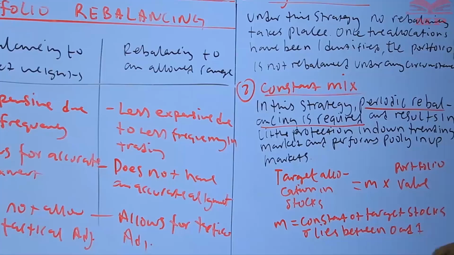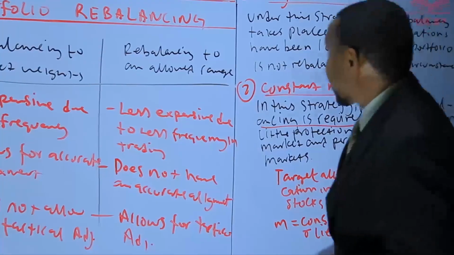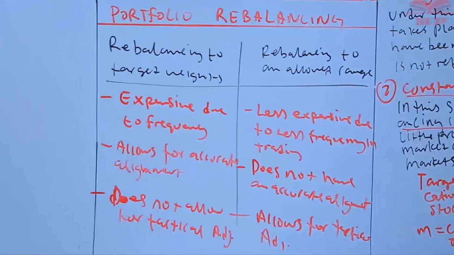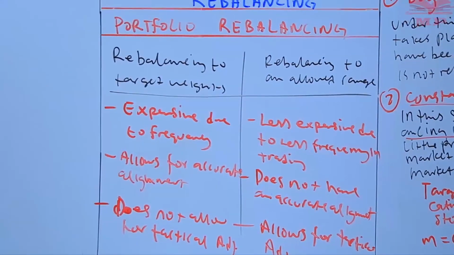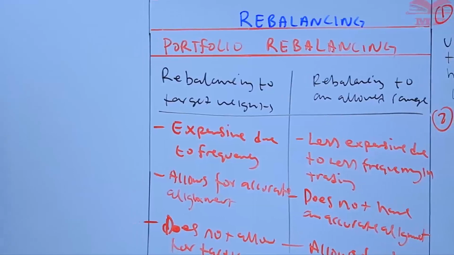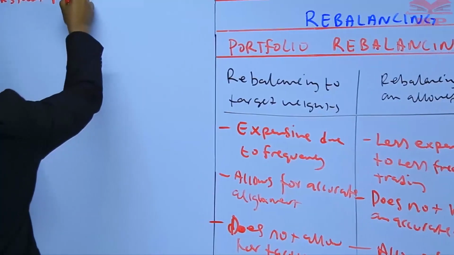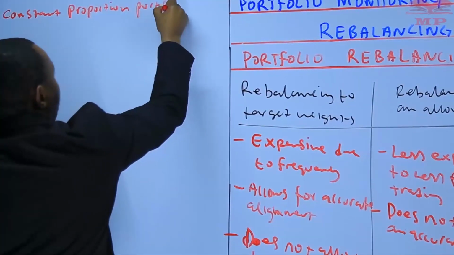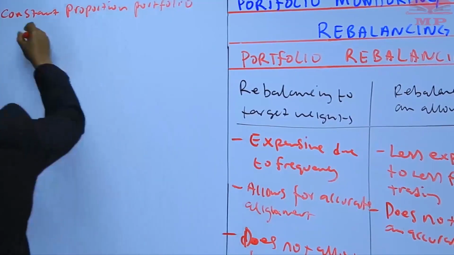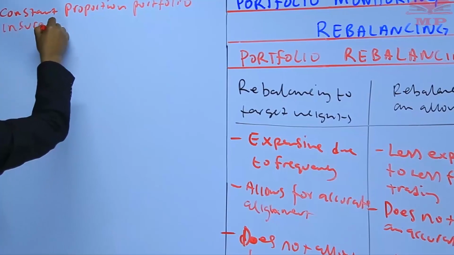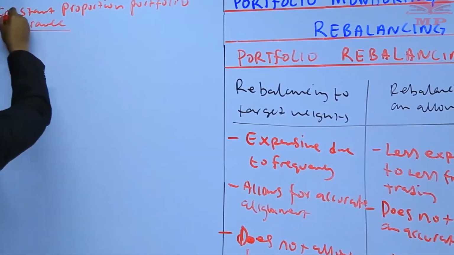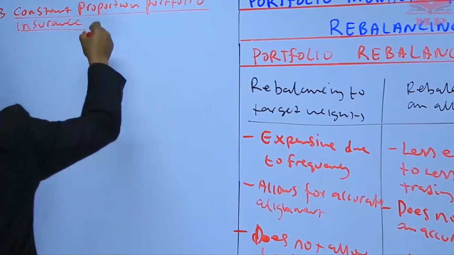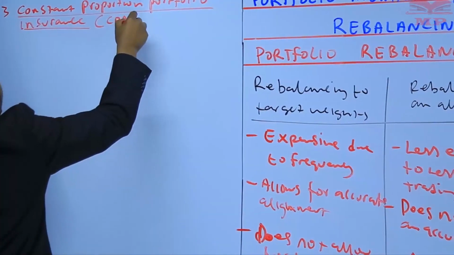So how about constant proportion portfolio insurance, which is the third rebalancing strategy? Number 3 is constant proportion portfolio insurance. This is also called CPPI.